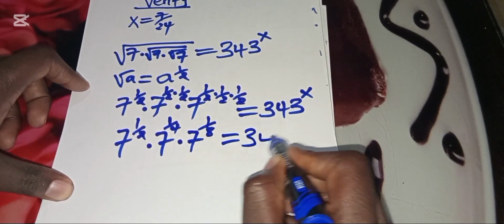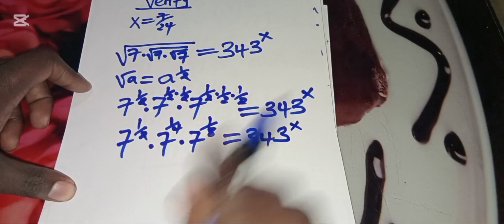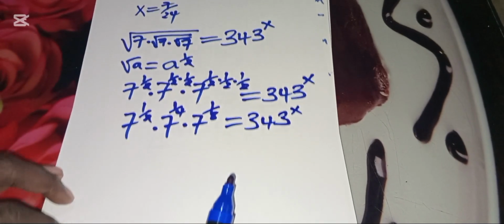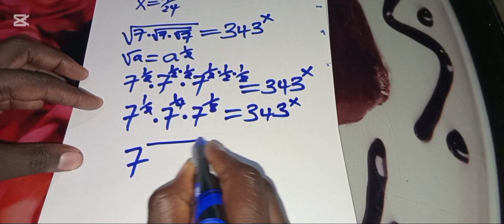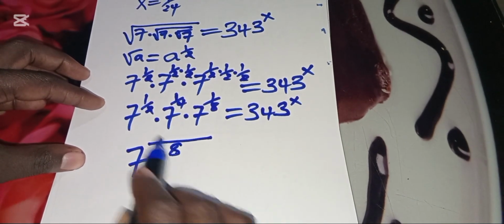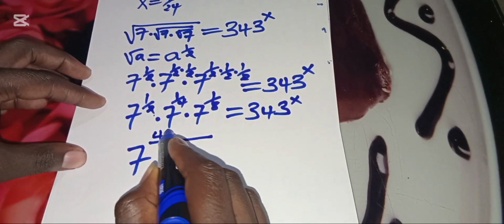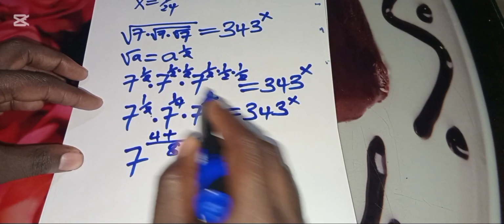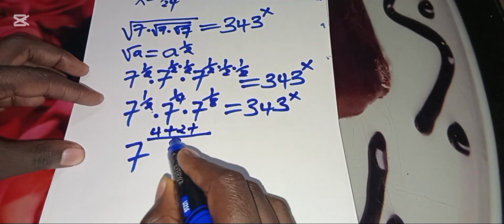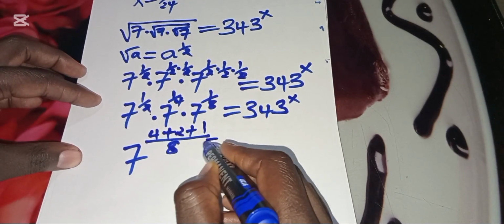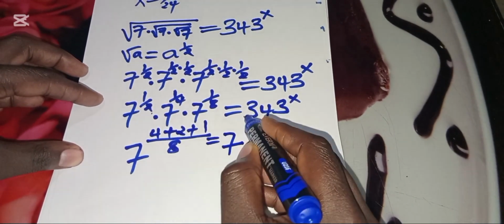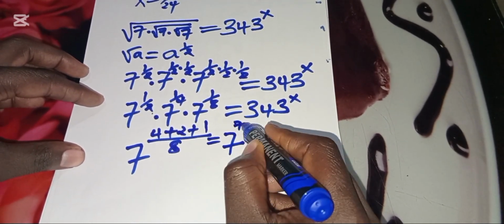This is equal to 343 raised to power x. Now we have 7 raised to power. Now if you get the LCM of this, you're going to have 8 divided by 2, which is 4, plus 8 divided by 4 times 1, which is 2, plus 8 divided by 8, that's 1 times 1, which is 1. So this is 7 raised to power 7 over 8.